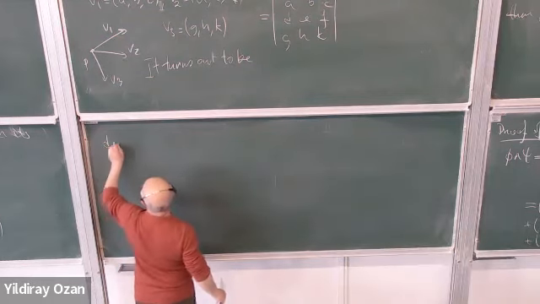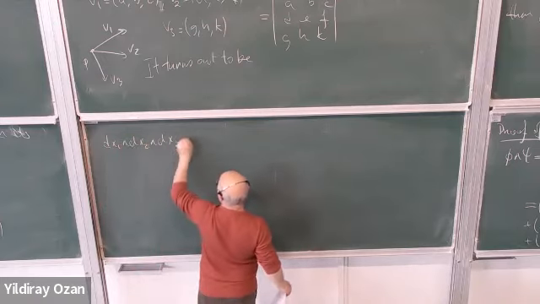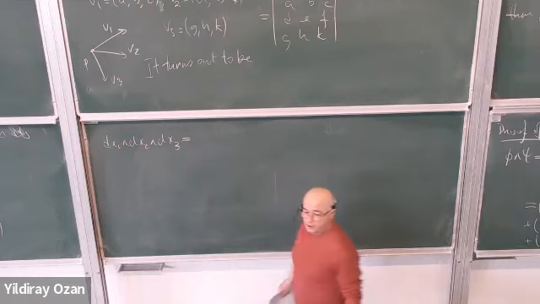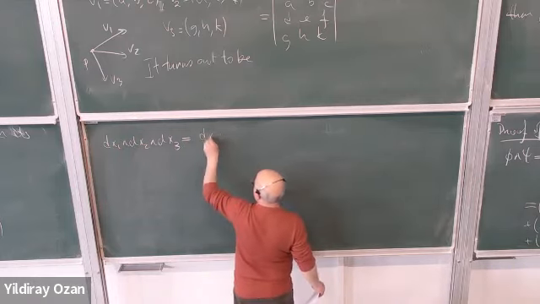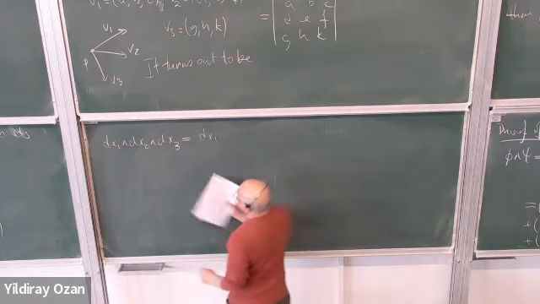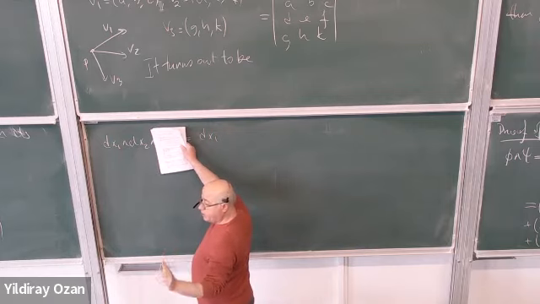So dx1 wedge, dx2 wedge, dx3 is just the following. If I had only dx1 and dx2, it would be dx1 tensor dx2 minus dx2 tensor dx1.